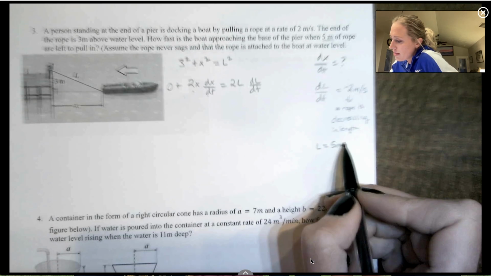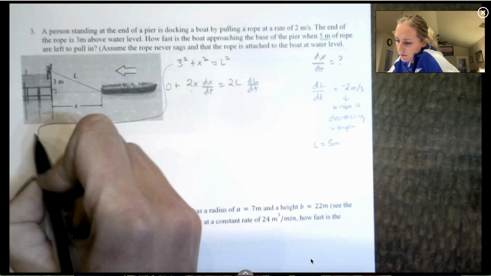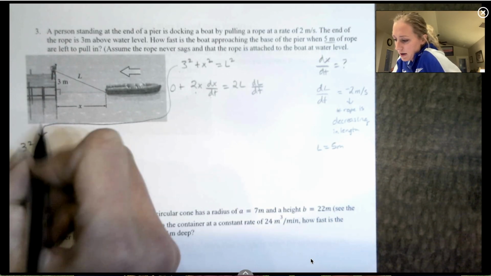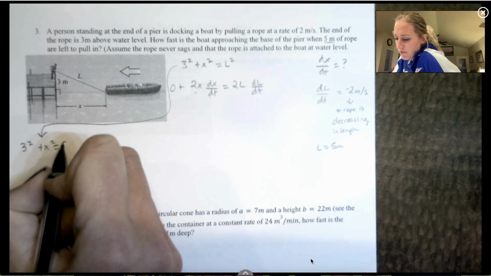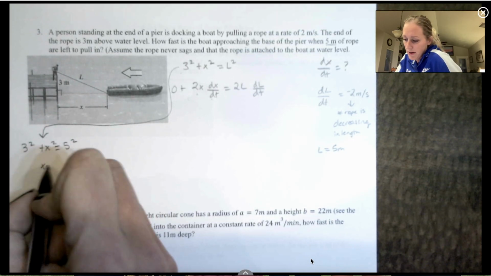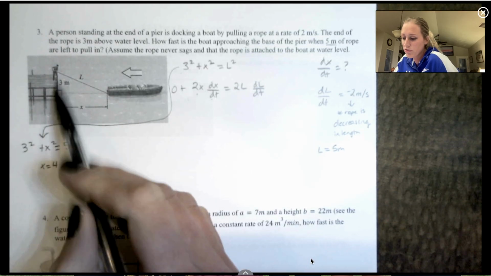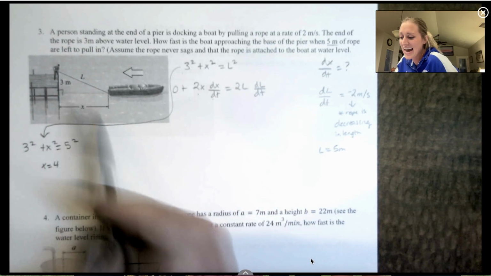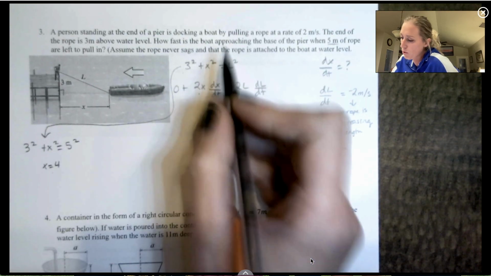I'm going to do a sidebar here. We have 3 squared plus x squared equals, at this instant, L is 5. I could solve this using the Pythagorean theorem, or I might recognize that's a Pythagorean triple, 3, 4, 5. So when this is 3 and L is 5, x has to be 4. So I'm going to put in 4 here as well.